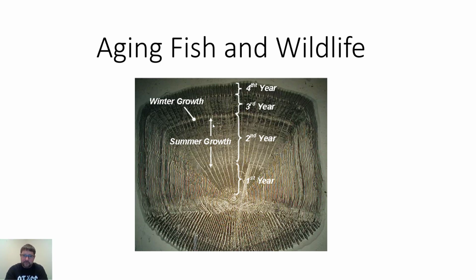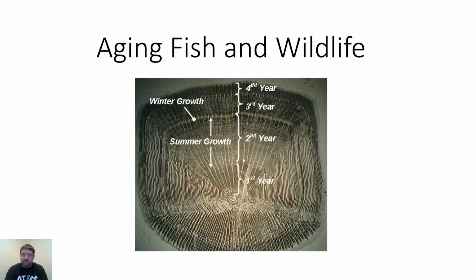So again, this is summer growth, and then you have this tight band. That's winter growth. Then you have summer growth, another tight band, winter growth, summer growth, another tight band, winter growth. So if we count those up, you have 1 summer winter, 2 summer winters, 3 summer winters, 4 summer winters. This organism is 4 years old.